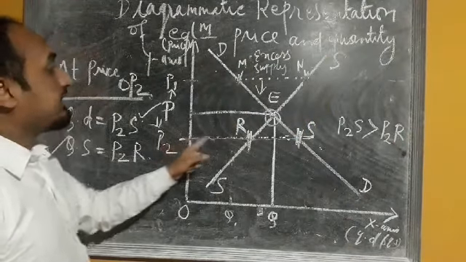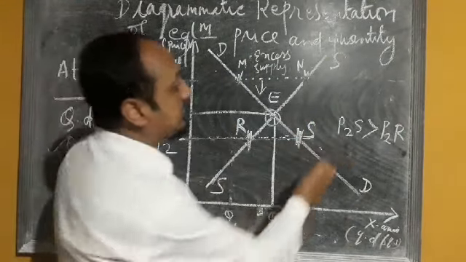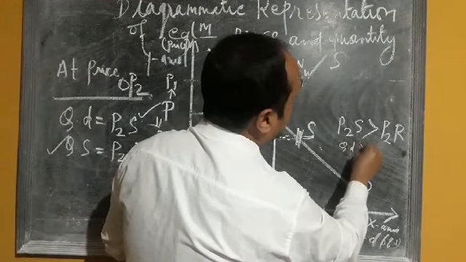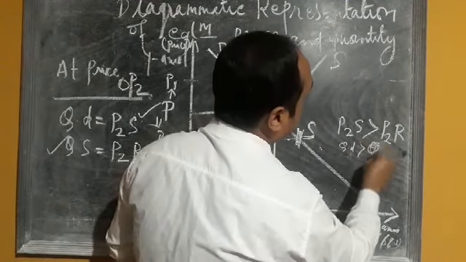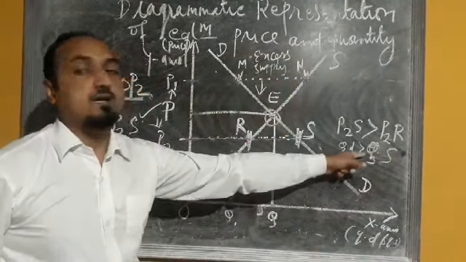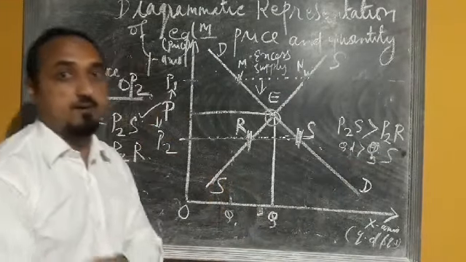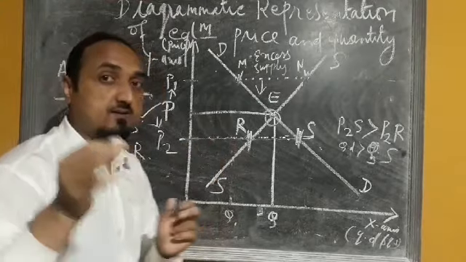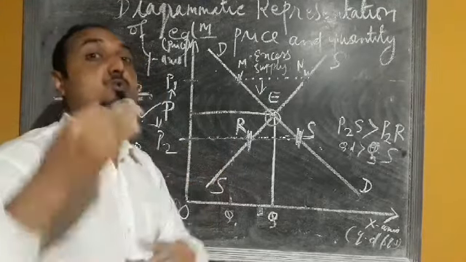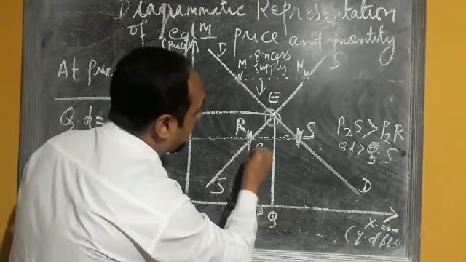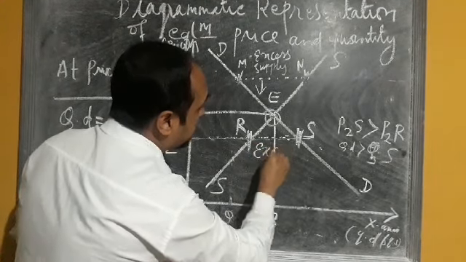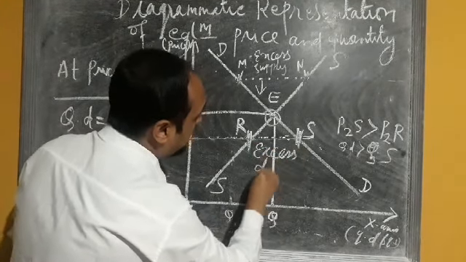That means quantity demand QD is greater than QS. So if quantity demand is greater than quantity supply, then the situation of excess demand will arise.